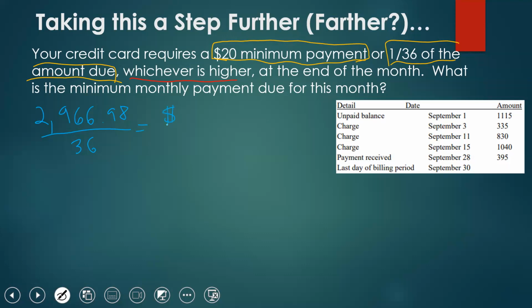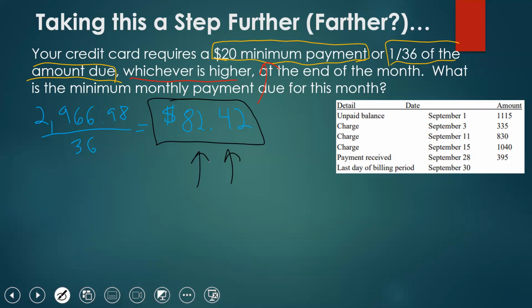When we do that, we end up with an amount that is $82.42. And notice that's higher than the $20 minimum, which was the other option for what we might pay back. So therefore, this will be what we end up paying the credit card company, that minimum payment that they are going to require of us on the 2,966.98.